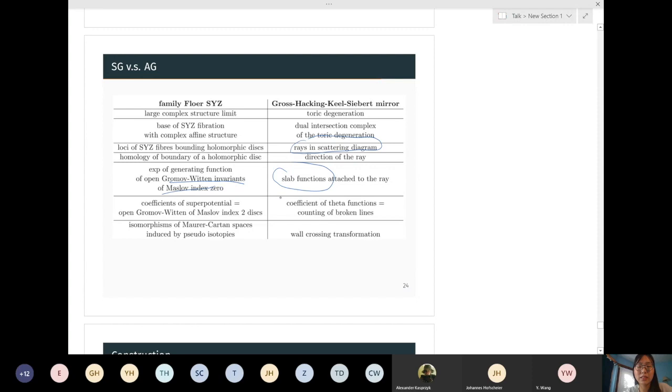The coefficient is the counting of broken lines or A1 curves, but here it is the open Gromov–Witten invariant of index 2 disks. And the wall crossing, where we multiply by 1 plus x inverse, translates in the family Floer construction into the isomorphism of Maurer–Cartan spaces induced by Hamiltonian isotopies.